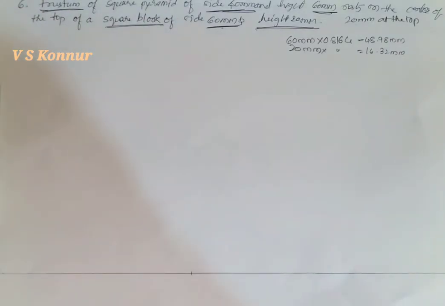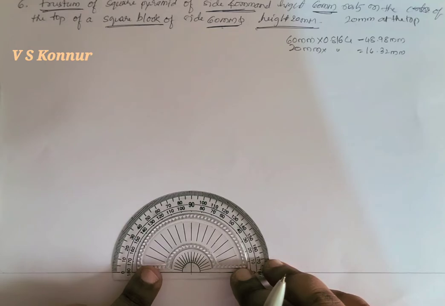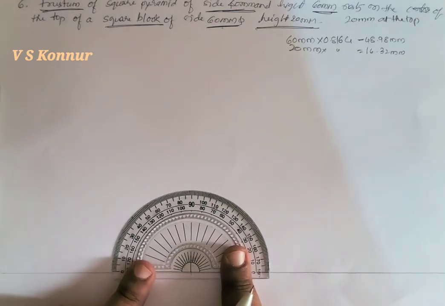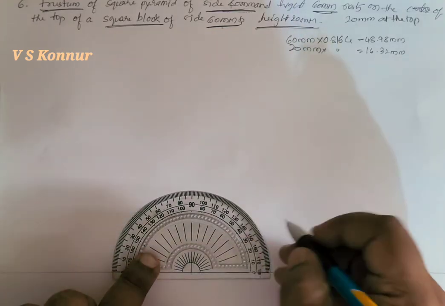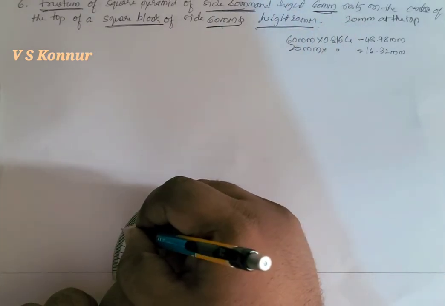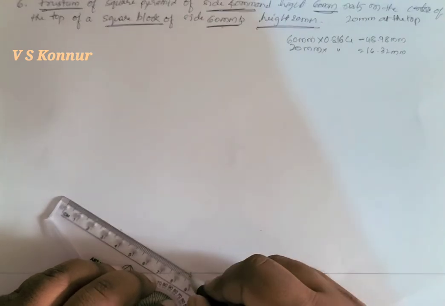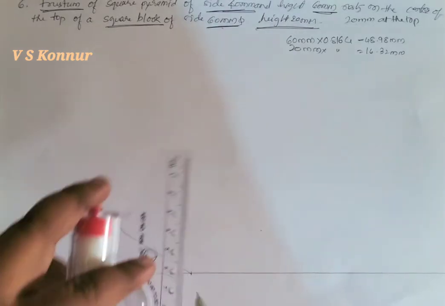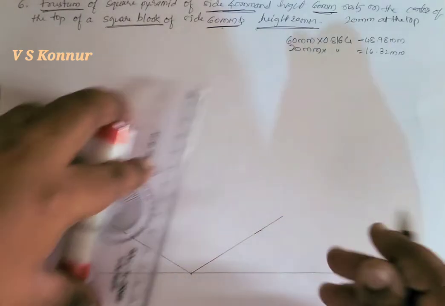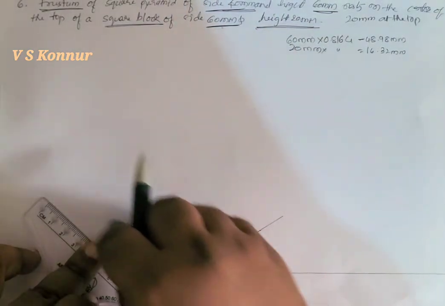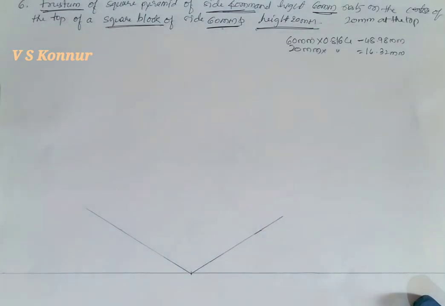Then take 30 degrees on either side and join it. Now 48.98 is nothing but 49.